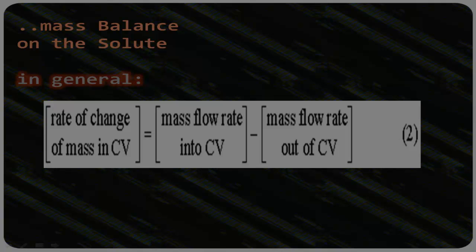This simple expression assumes no generation or destruction, for example by chemical means. Thus, the only way to get material into or out of the CV is by crossing the surface of the CV.